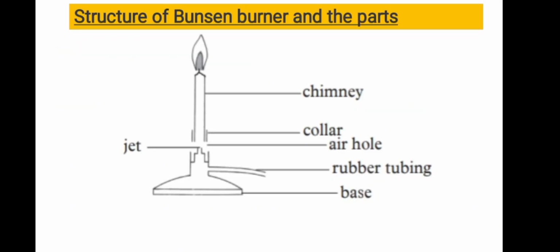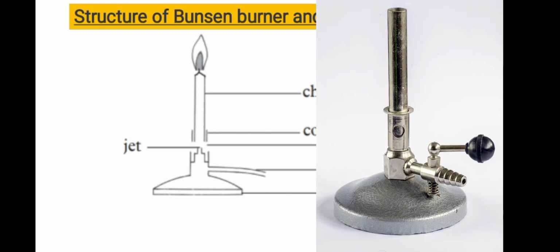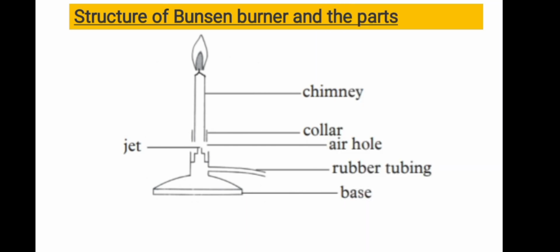This is how a Bunsen burner looks. This is the internal structure. What we saw earlier is the external structure, as you see from the outside, but what you see here is the exposure of the inner contents or features of the Bunsen burner.